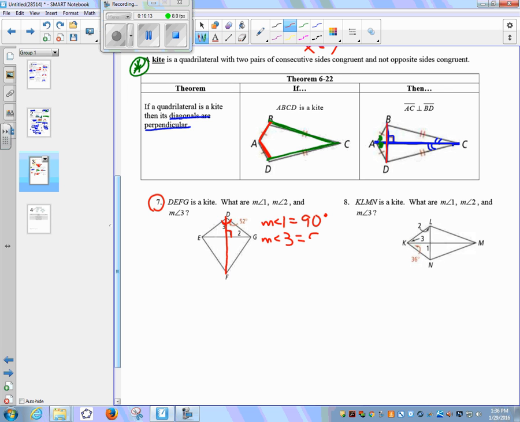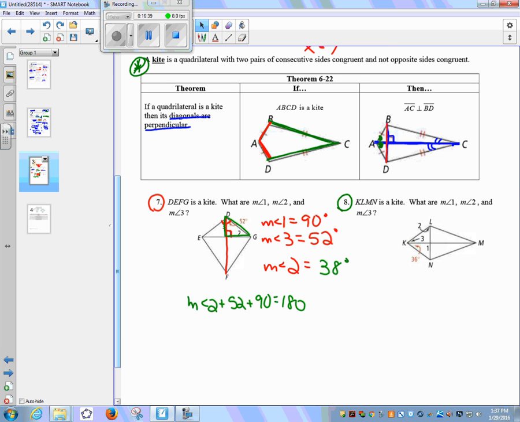So angle 3 is going to be 52 degrees as well. And then the measure of angle 2 we can find because it's part of this triangle. So measure of angle 2 plus 52 plus 90 should equal 180. And that's going to be 38 degrees. Okay, so that's true for number 8 as well. It's a very similar problem. You can try that one on your own.